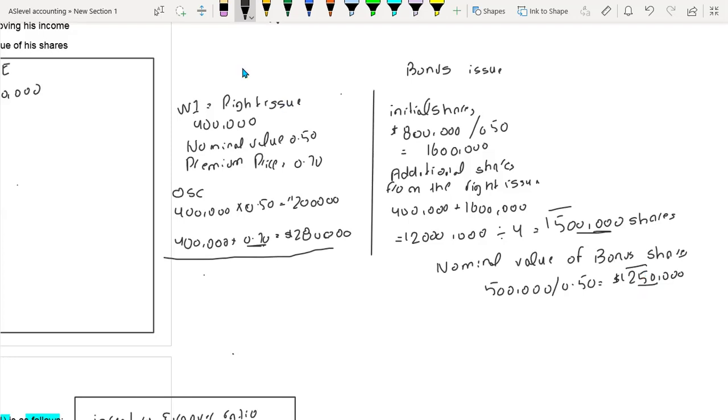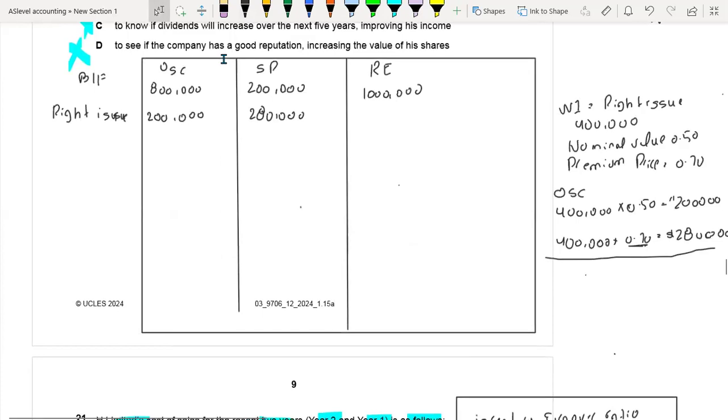And if you see in the question again, we have the share premium before the bonus issue, which is 200,000 plus 280,000. So what would be the total? The total for the share premium would be $480,000. So share premium after utilizing the $250,000 for the bonus issue is 480,000 minus 250,000.